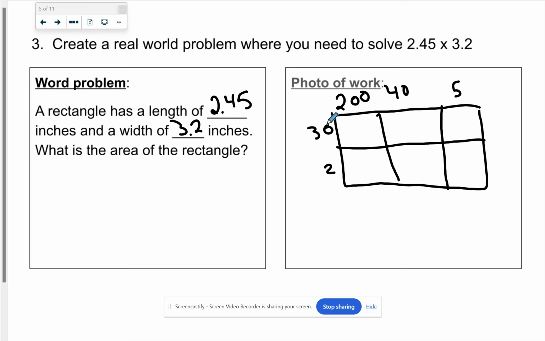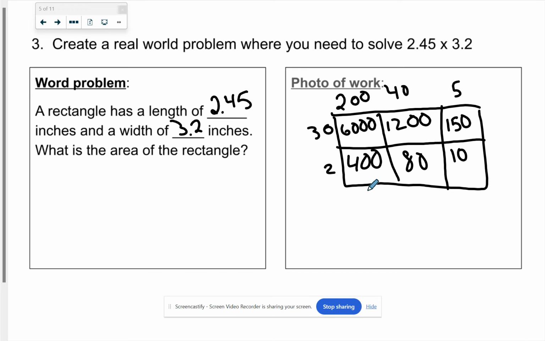All right, now let's start multiplying. 30 times 200 is 6,000, because 3 times 2 is 6, add the 3 zeros. 3 times 4 is 12, add 2 zeros, so 1,200. 30 times 5 is 150, because 3 times 5 is 15, add that 0 for the 30. 2 times 2 is 4, add 2 zeros for the 200. 2 times 4 is 8, add a 0 for the 40. 2 times 5 is 10.